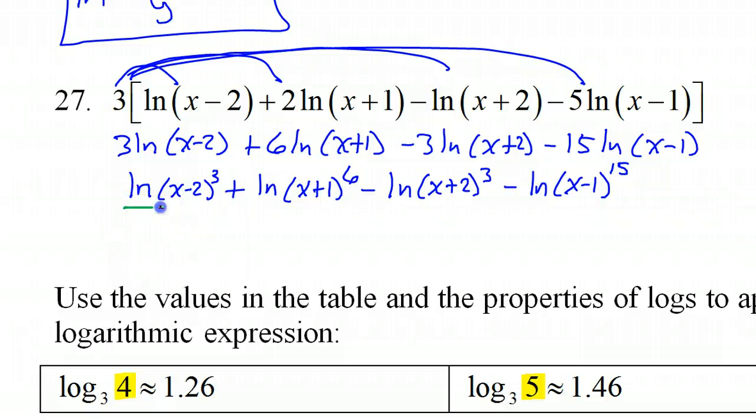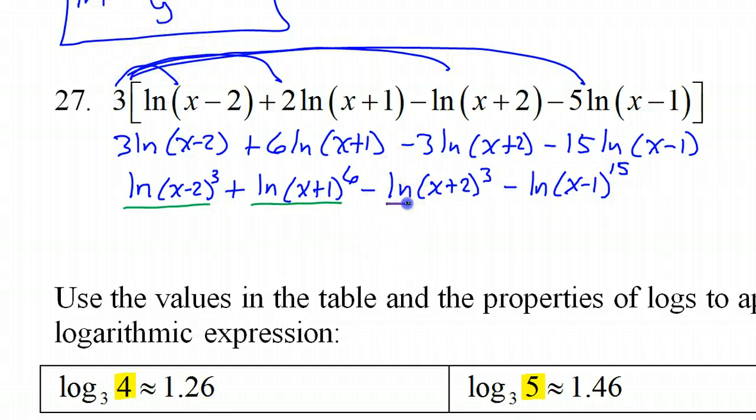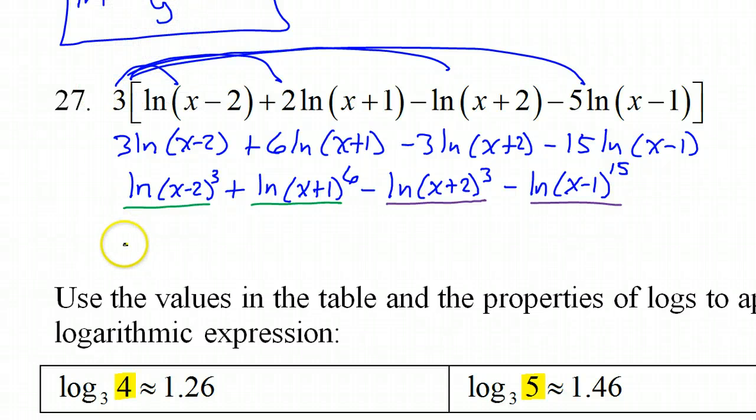Alright, so this is positive and this is positive. Now every term that's negative is going to contribute a factor to the denominator. So these two are going to wind up as factors in the denominator. Of course, I'm only going to write natural log once. Alright, I'm condensing. It'll be 1 log.